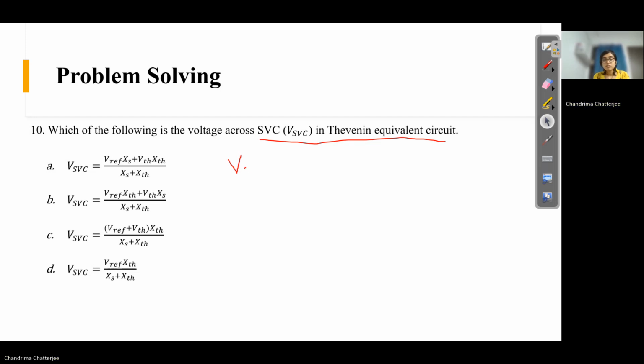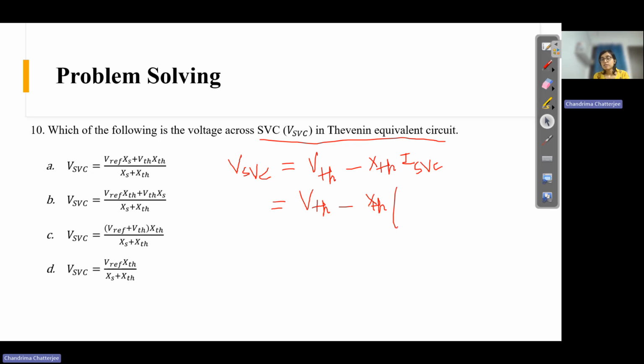VSVC, from the Thevenin equivalent circuit, was VTH minus XTH ISVC. And now you will have to write the expression for ISVC. What is ISVC?